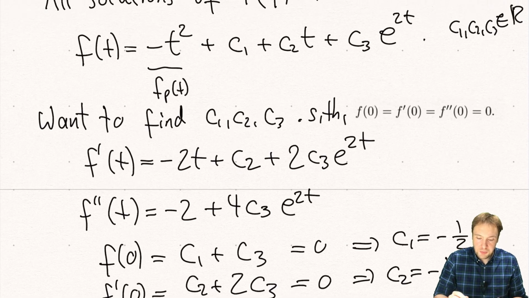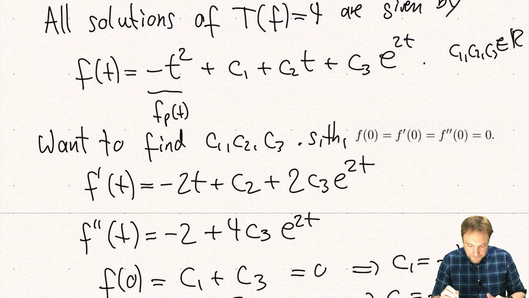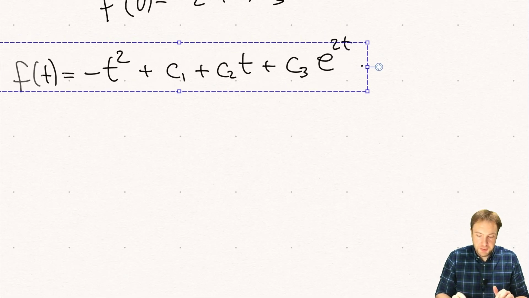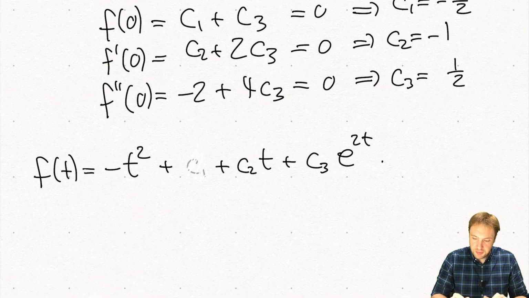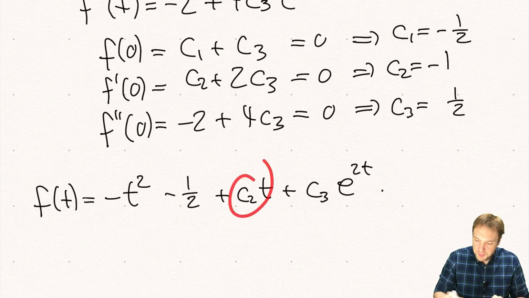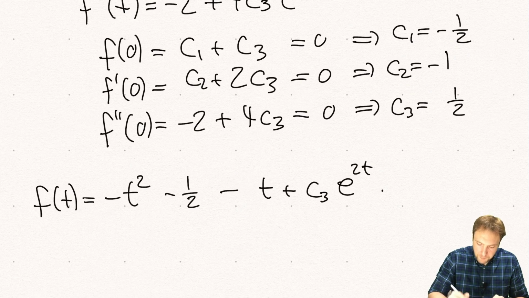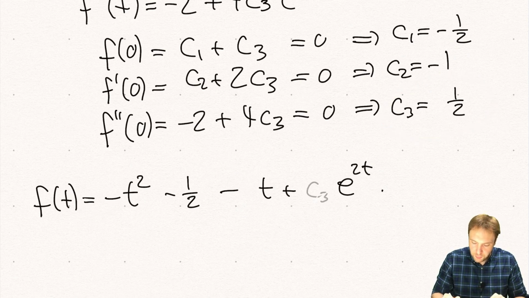So the final solution is: c1 is minus 1/2, c2 is minus 1, so we get a minus t here, and c3 is 1/2, so we get a 1/2 here.